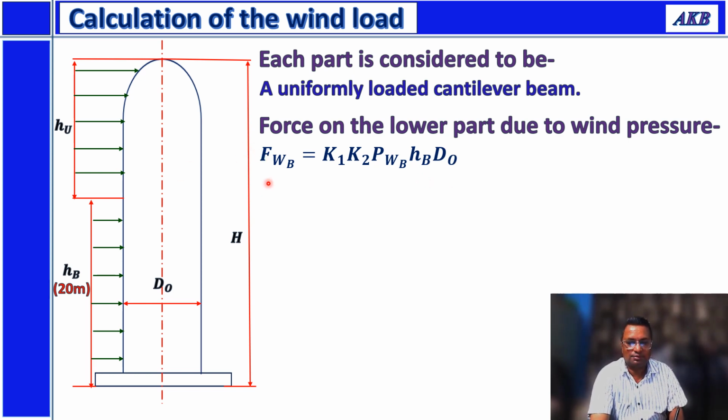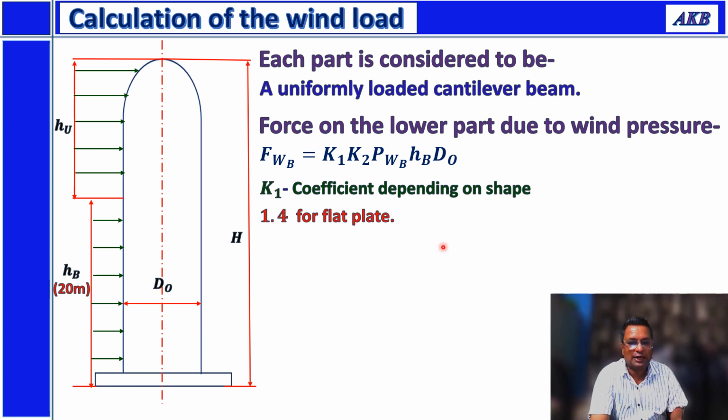Now FWB, that is force acting due to wind on the bottom part, is equal to K1 into K2 into PWB into HB into D0, where K1 is a coefficient that depends on shape. It is 1.4 for flat plate, and it is 0.7 for cylindrical surface.